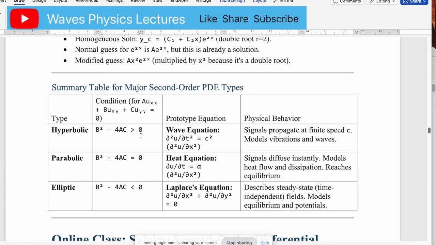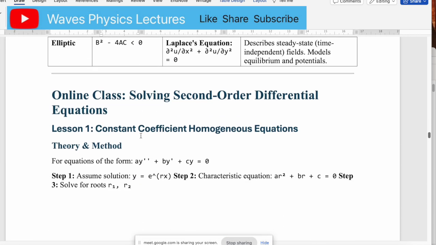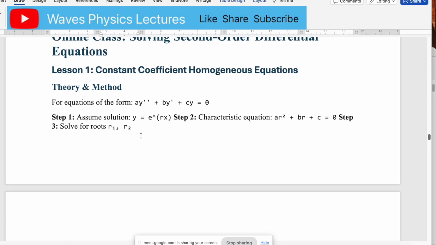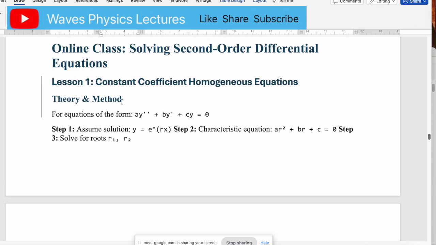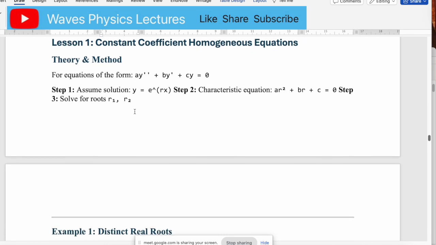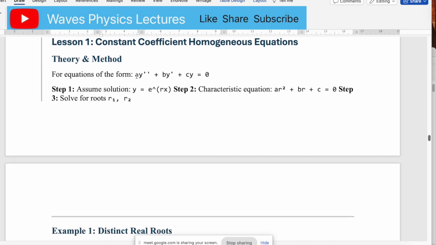Let's take some examples to understand the second order differential equation and see if we can actually solve it. So this is very simple. We have an equation like this: a y double dash plus b y dash plus c y is equal to 0. So this is the form that we have, and I want to actually solve it.